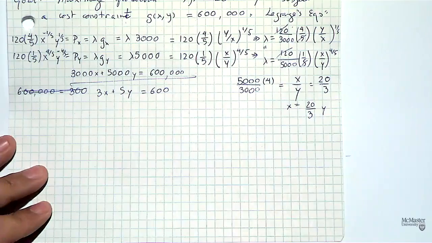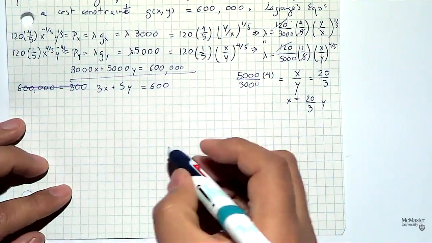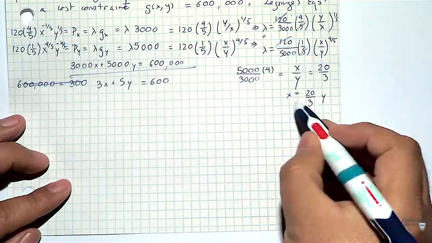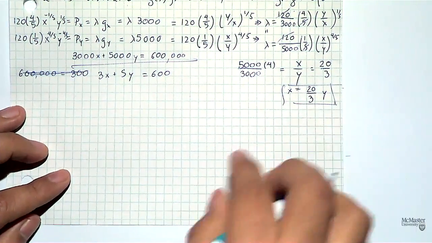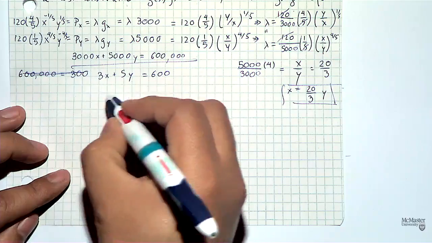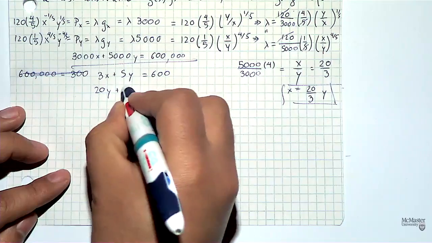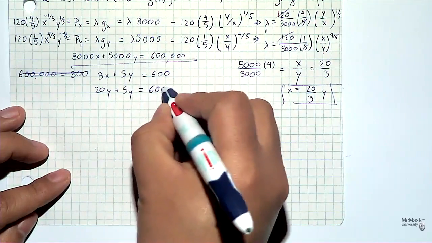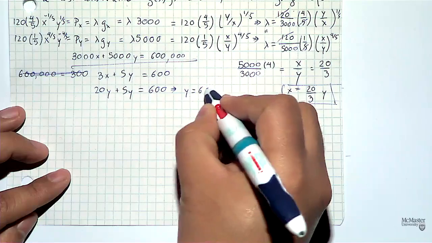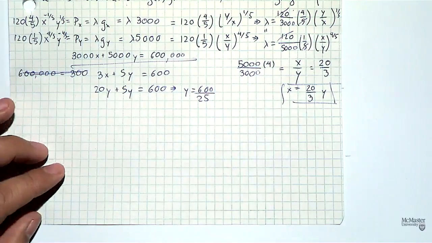Divided by the 1,000, and I'm okay. So then what I could do is introduce this thing that I found. So I have 3x equal to 20y, so 20y plus 5y equals 600, which means that y is equal to 600 divided by 25.